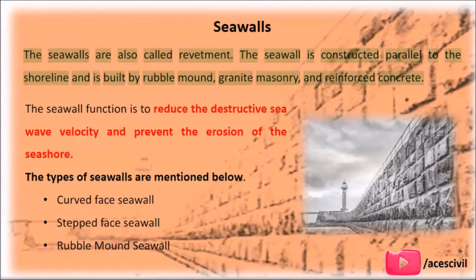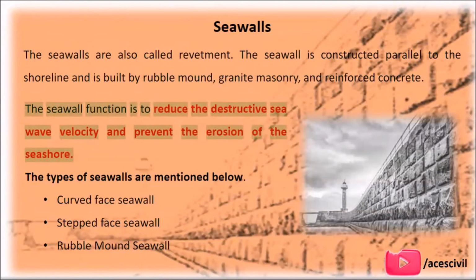The seawall is constructed parallel to the shoreline and is built of rubble mound, granite masonry, and reinforced concrete. The seawall's function is to reduce the destructive sea wave velocity and prevent the erosion of the seashore.